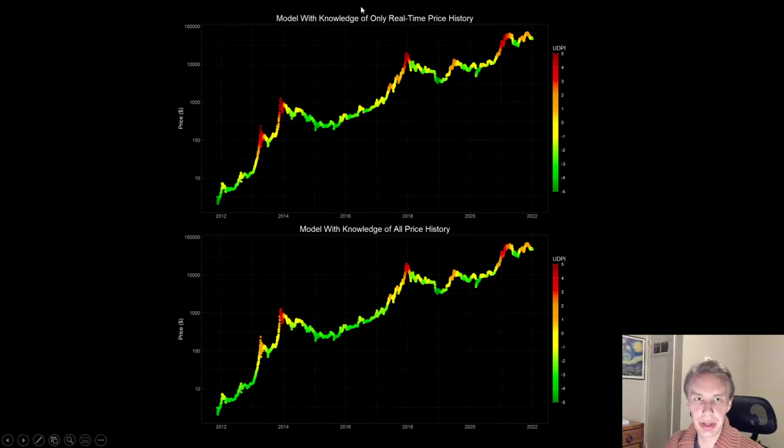So what I'm showing you here on the top graph is the model with only knowledge of real-time price history. What I mean by that is that for every day here, for every dot, the UDPI is calculated with no knowledge of any of the price action that comes after. For example, on this dot here in late 2011, it has no knowledge of anything that comes past.